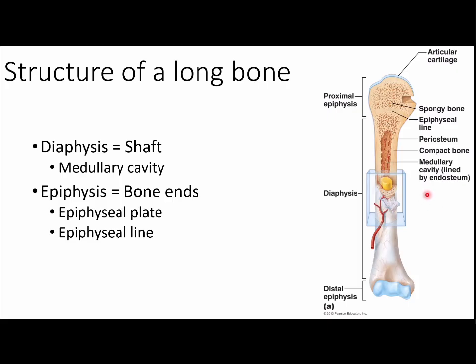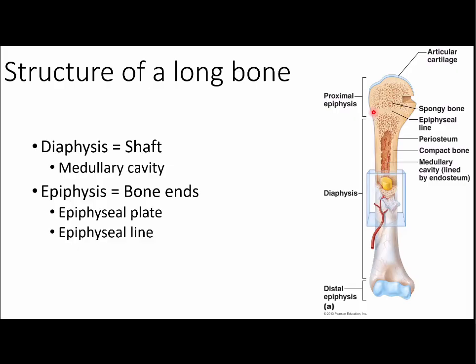And in between the epiphysis and the diaphysis, we have the epiphyseal line. The epiphyseal line. And this is in adult bones. The epiphyseal line is the remnant of the epiphyseal plate.